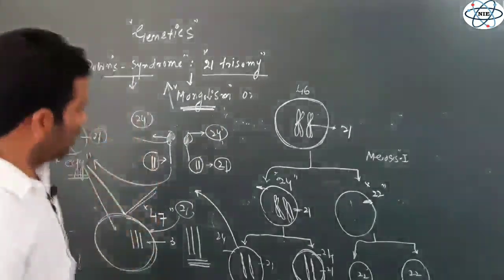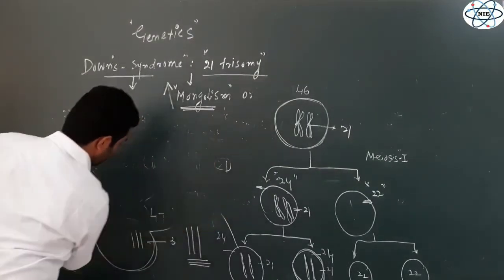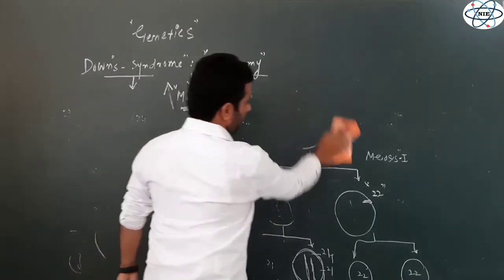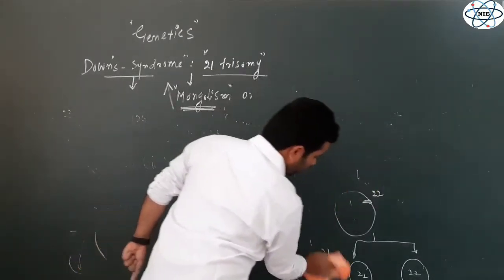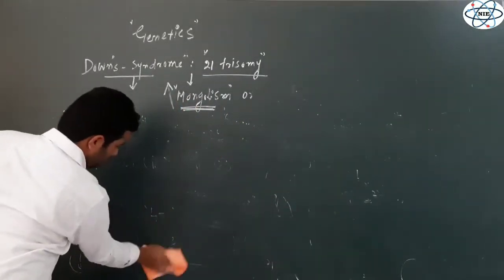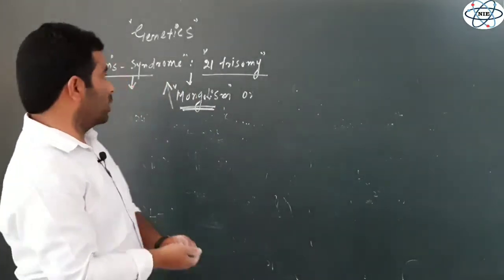Now if we talk about the different signs and symptoms in Down's syndrome, what will be the different signs and symptoms? There are so many symptoms, there are so many complications in the individual with Down's syndrome.